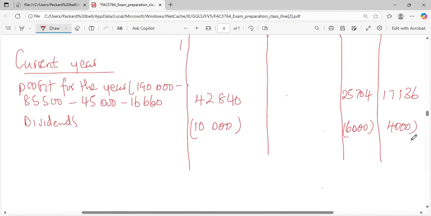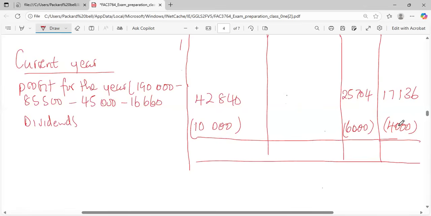Right? Then the total that is important, even if you don't have time to do the other totals in the exam, make sure you do your NCI total, because it's the one that you are going to need when you go to other consolidation. So this one we need the total for NCI. So let's start and check.